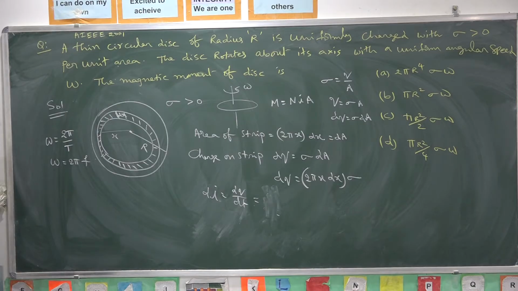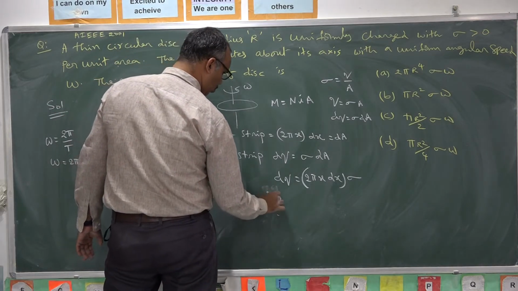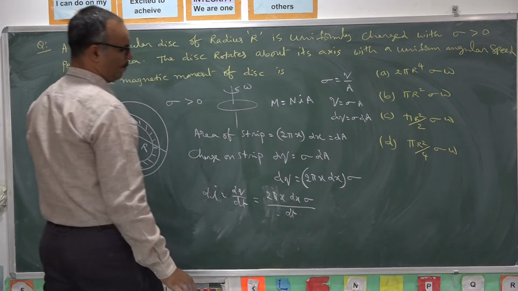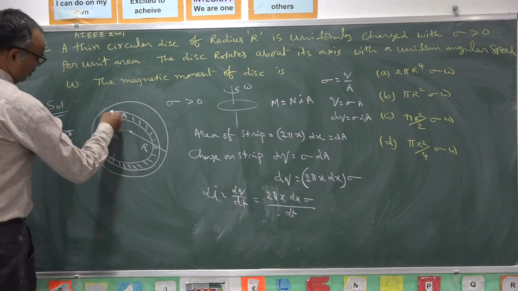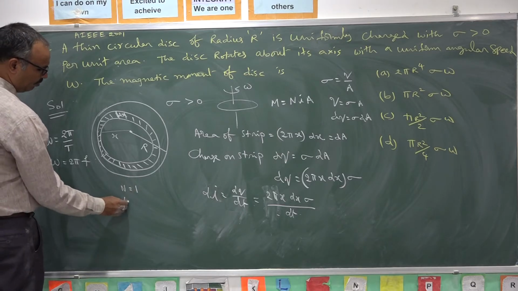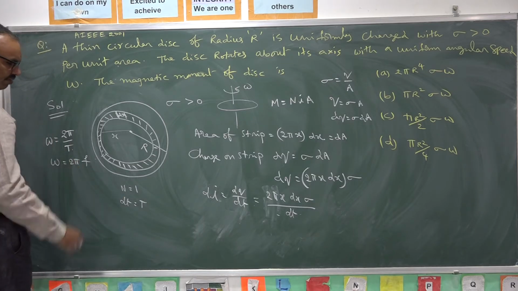Now, it is 2 pi x dx into sigma by dt. When I want to introduce omega here, in one rotation, that means the number of turns is one, then the time interval becomes the time period. 1 by time period is called frequency.